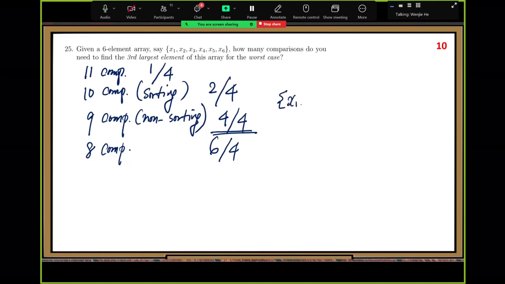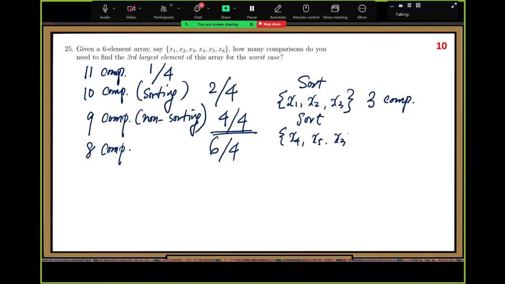You sort x1, x2, x3: 3 comparisons. Then sort the second subarray, x4, x5: 3 comparisons.